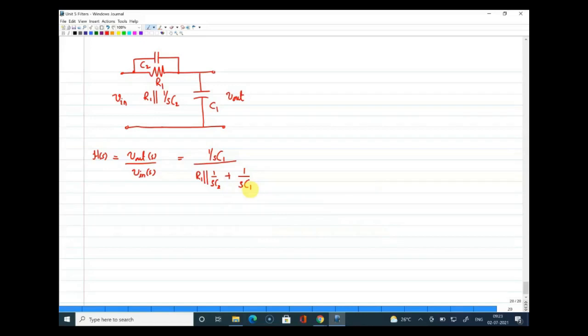If you continue to work on this, you can write all the steps here. So it is R1 into 1 by SC2 divided by R1 plus 1 by SC2 on this side, plus 1 by SC1 on the other side.